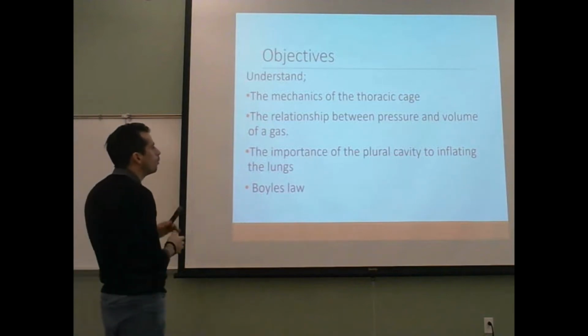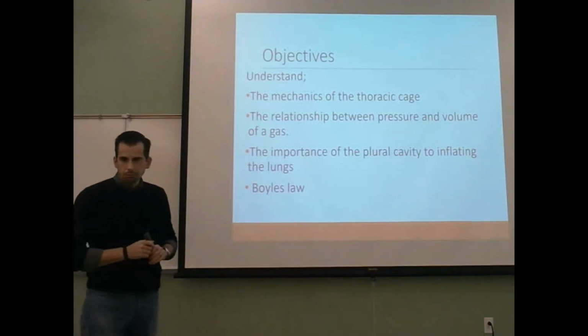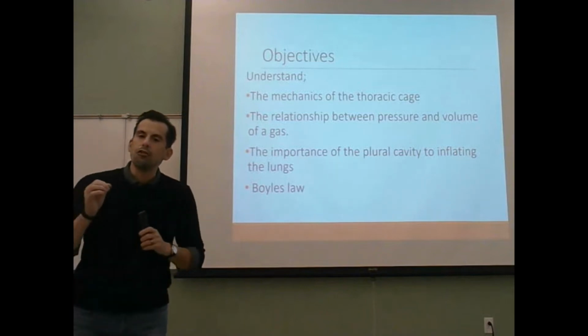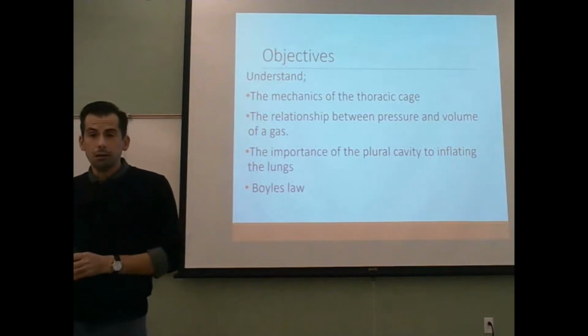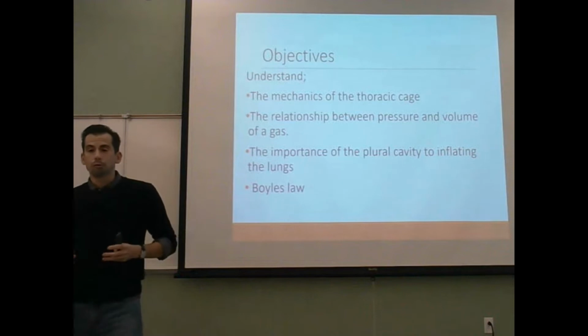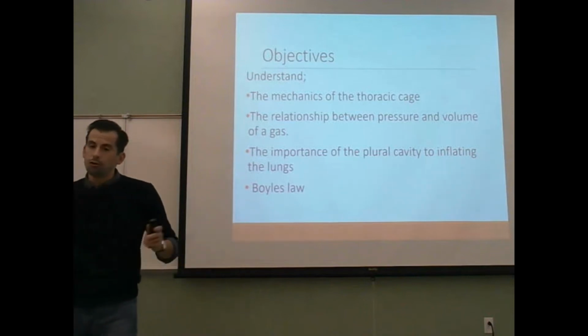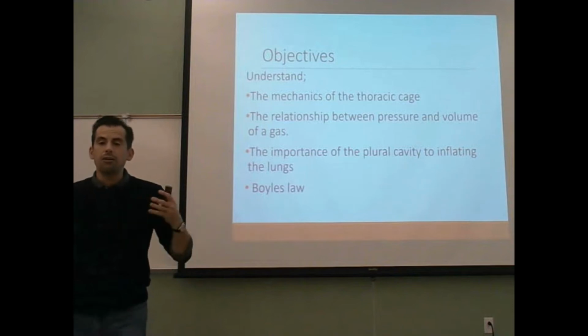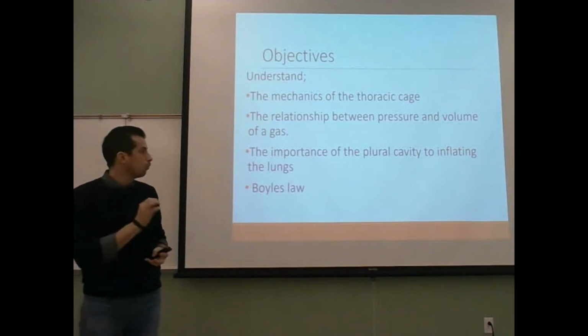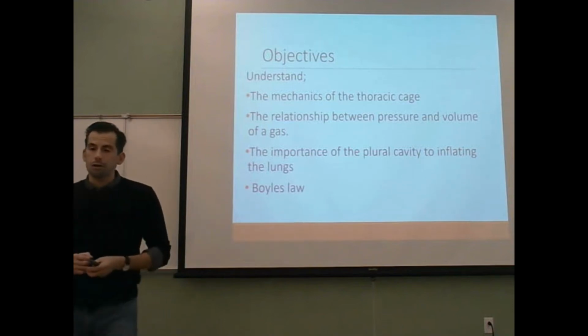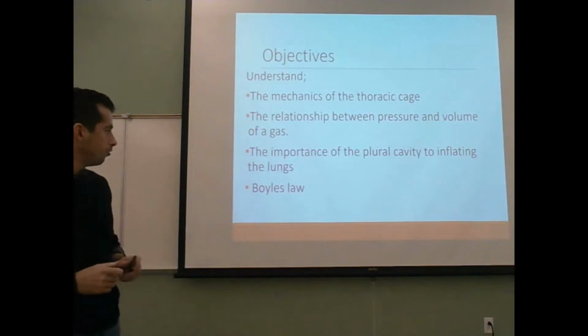Finally, we have to look at the importance of the pleural cavity. It's the pleural cavity that is going to create the link between the mechanics of the rib cage and the movement of the lung tissue itself, because both of those pieces of anatomy are not directly connected together. They rely on the integrity of the pleural cavity to make that translation.